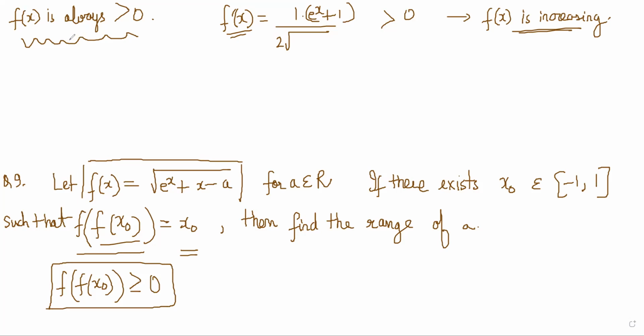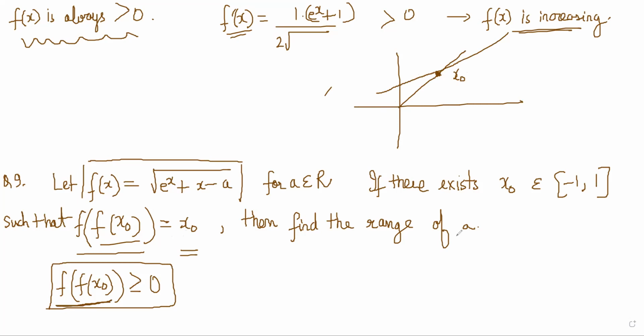So the graph of this is intersecting with the line y = x. It is an increasing function and it must be intersecting with the line y = x at x naught.